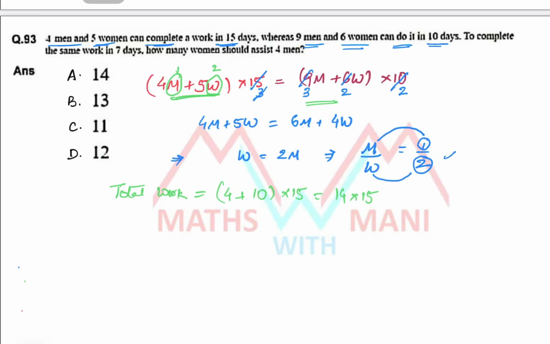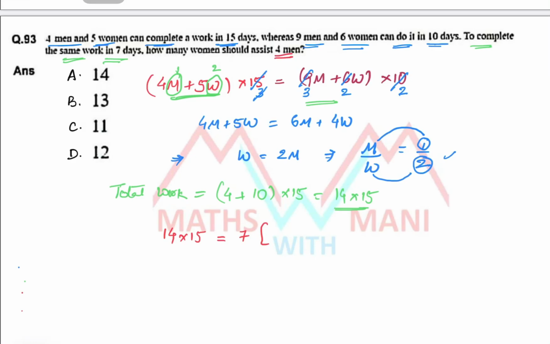Now, to complete the same work, that is 14 into 15 units, in 7 days, how many women should assist 4 men? This work 14 into 15 can be done in how many days? 7 days. How many men? 4 men.